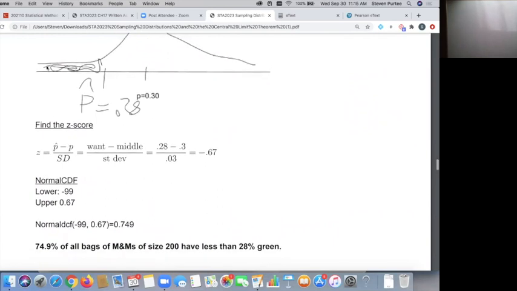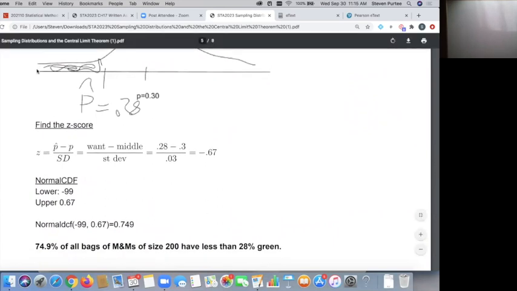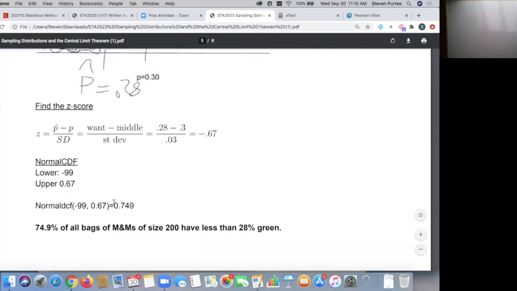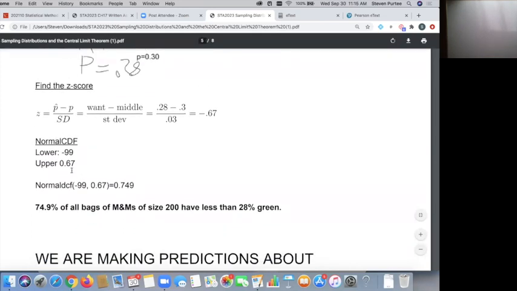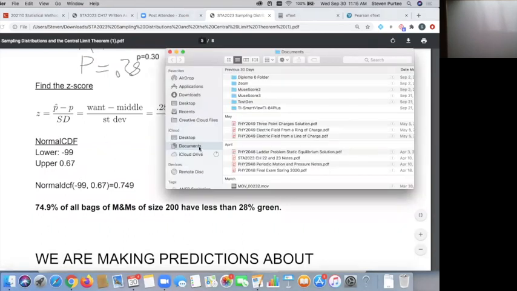Normal CDF, the smallest thing I shaded was negative infinity up to this guy's z-score. That's a typo. Oh wow, there's a lot of typos in here. This is not correct. Let's do this one live now.